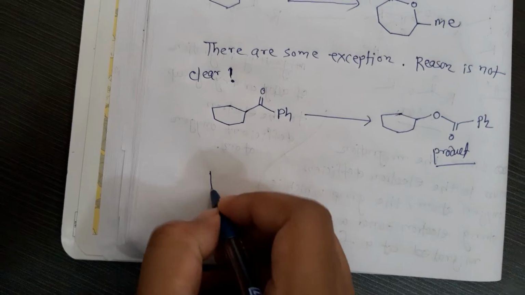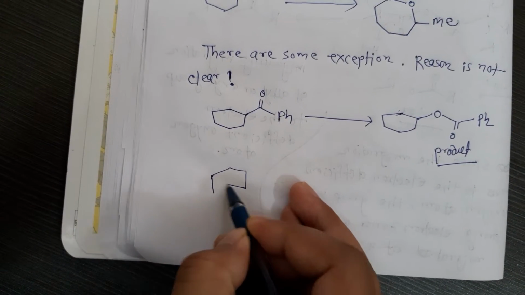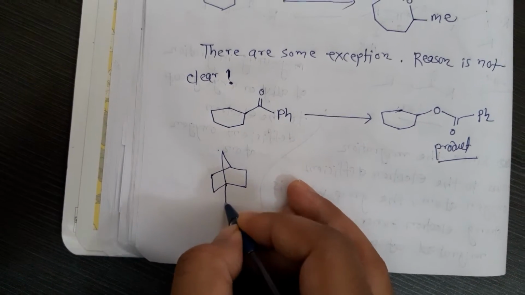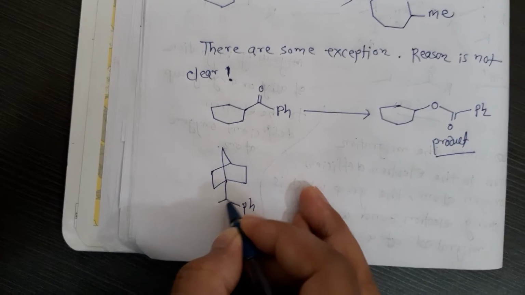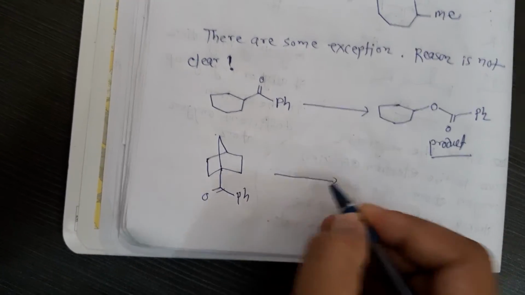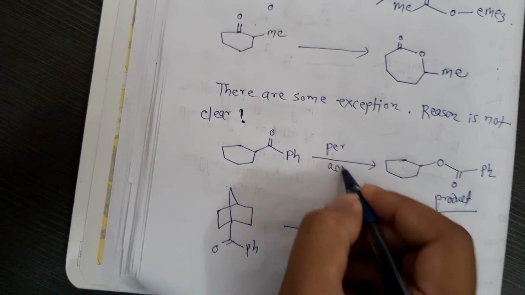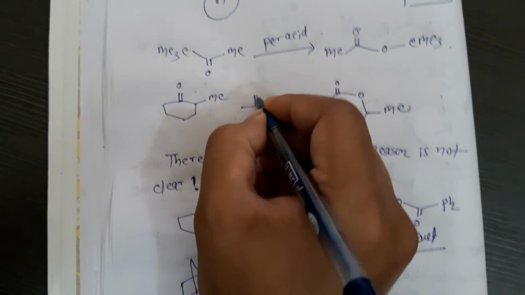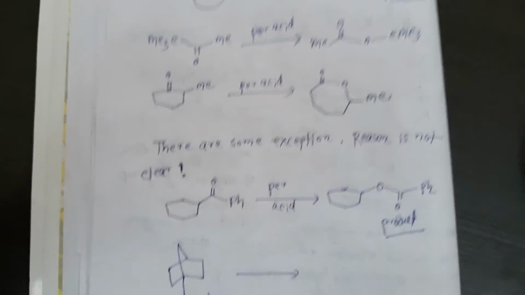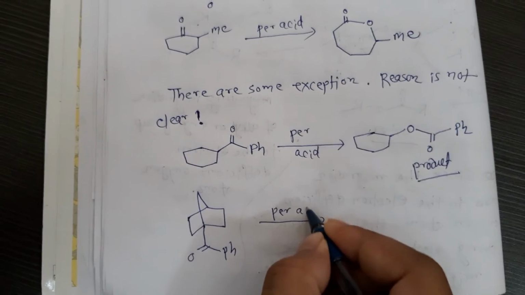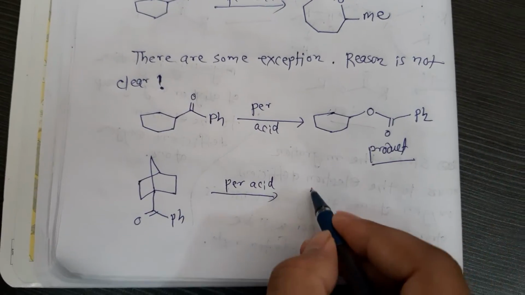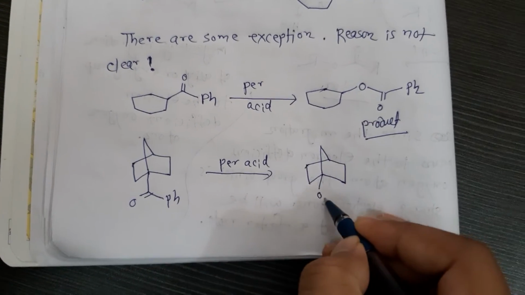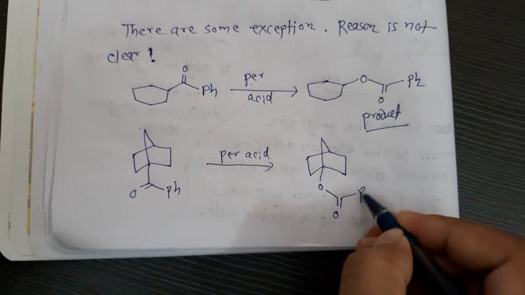If we consider this one here, Ph, if we give per acid here, oxidation occurs that side, C=O-Ph.